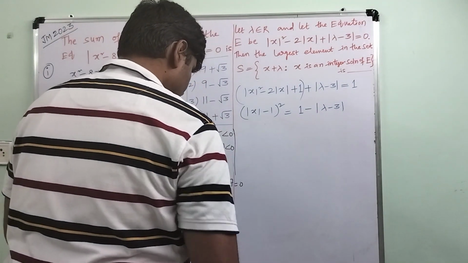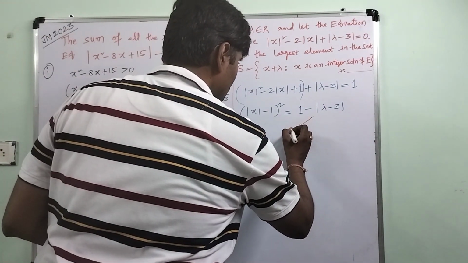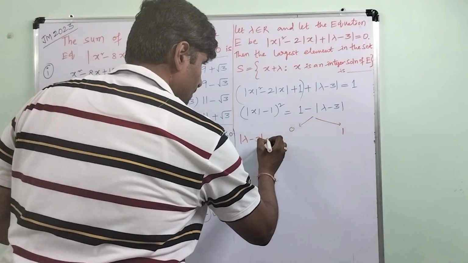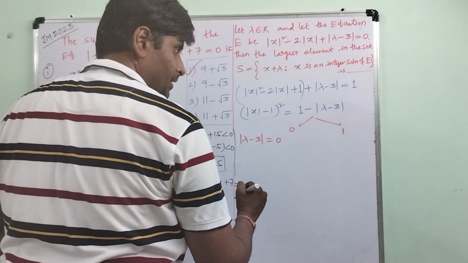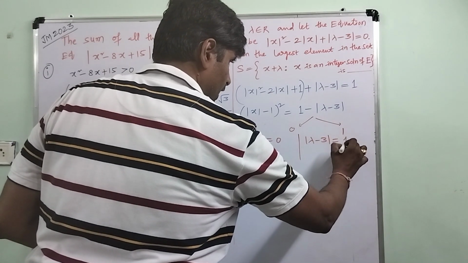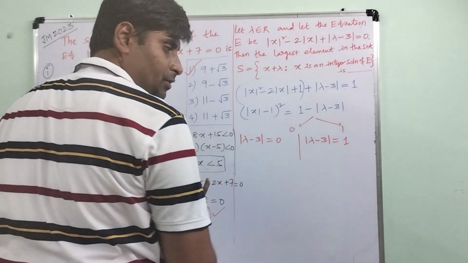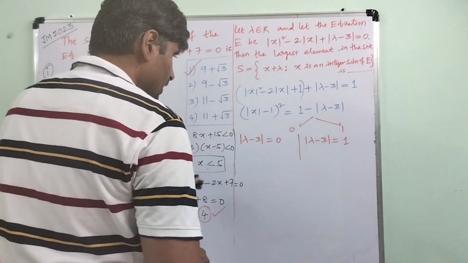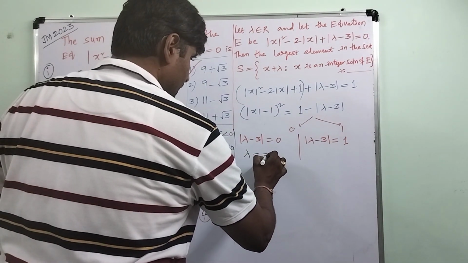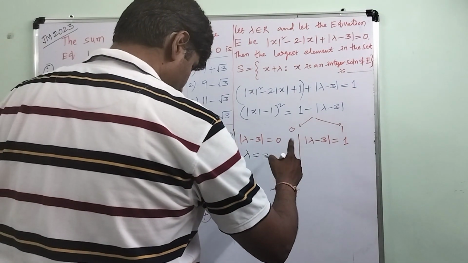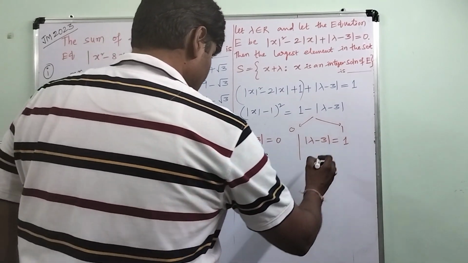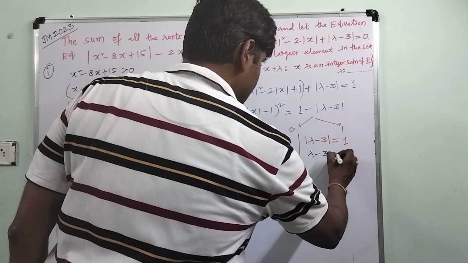If this value is either 0 or 1, then modulus of lambda minus 3 should be 0, giving 1 minus 0 equals 1. Otherwise, modulus of lambda minus 3 can be equal to 1, giving 1 minus 1 equals 0. If modulus of lambda minus 3 equals 0, then lambda equals 3. If modulus of lambda minus 3 is 1, then lambda minus 3 equals plus or minus 1.